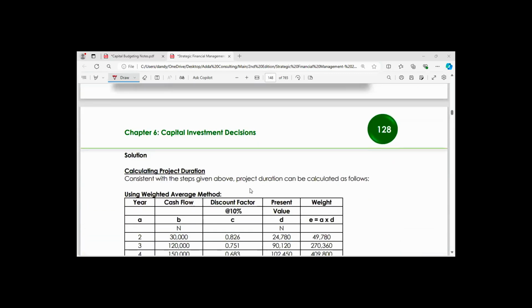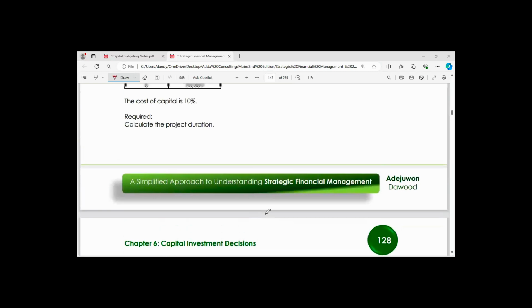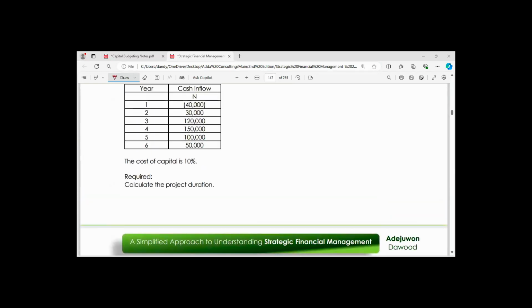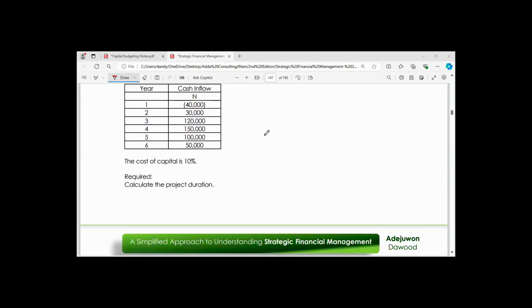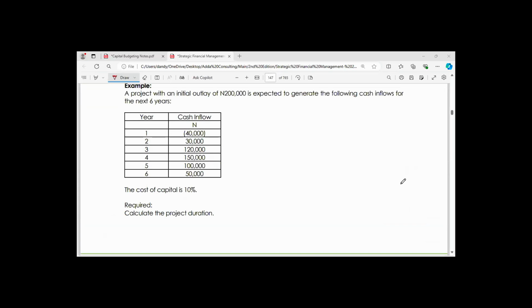Let me start from the beginning so that you see the way I'm doing it. Okay. Can this space be sufficient for me? Let me see. Now, when you want to calculate project duration using the present value method, you are going to create about 6 columns.